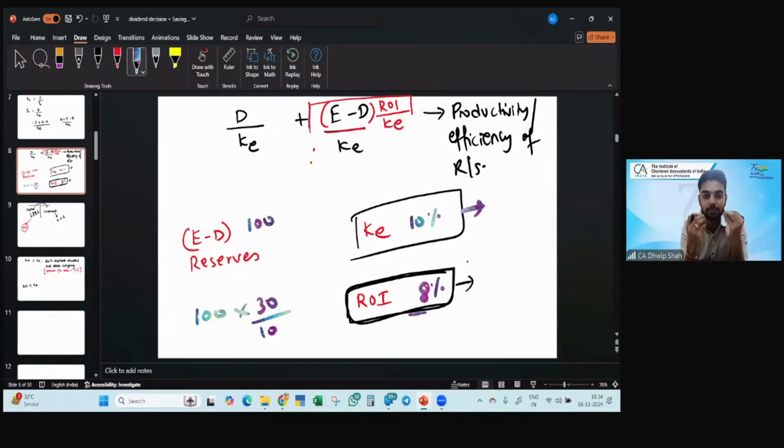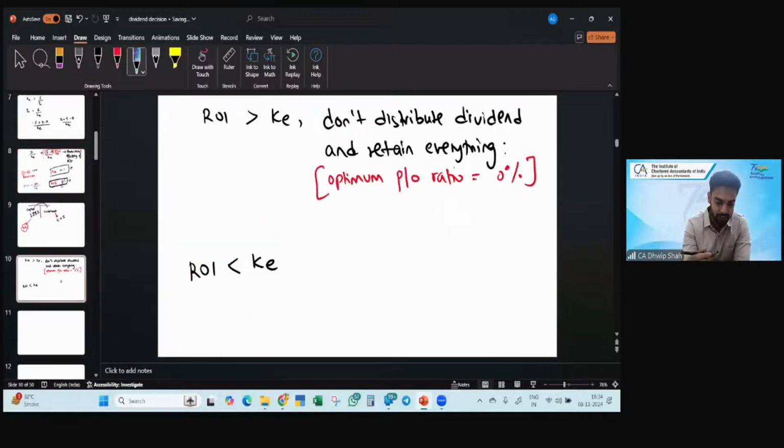But if the company keeps it with itself, it will earn only 8%. So ideally, to maximize the wealth of the shareholder, the company should distribute everything, because equity shareholders have more earning capacity than the company. So let them take that benefit. Understood, students? Distribute everything.